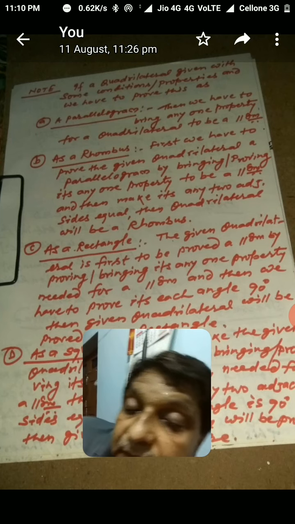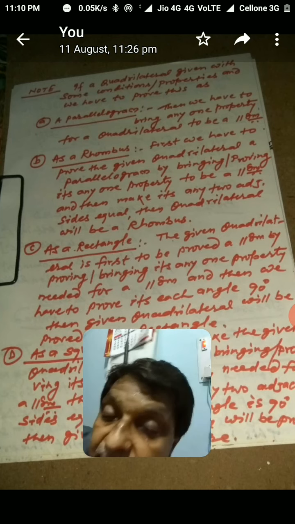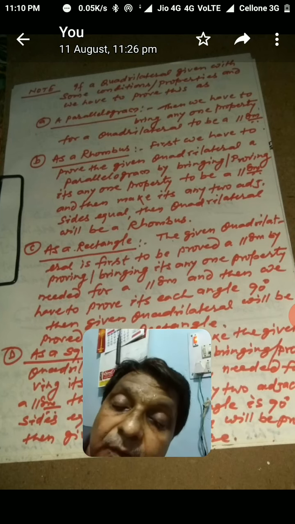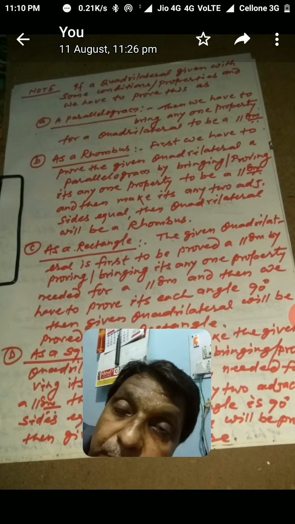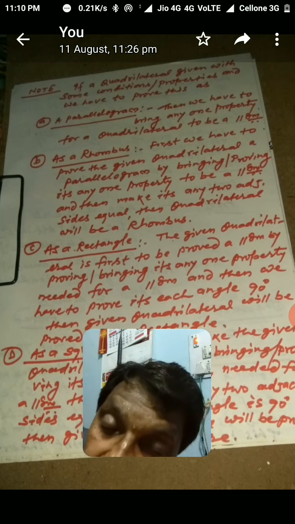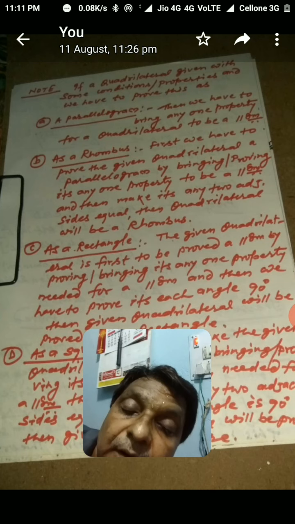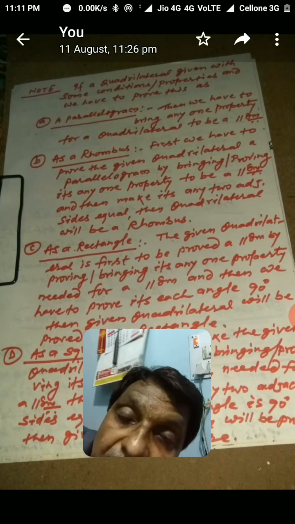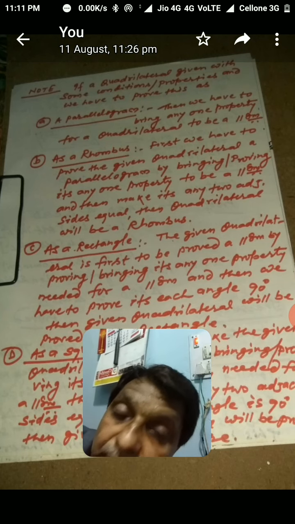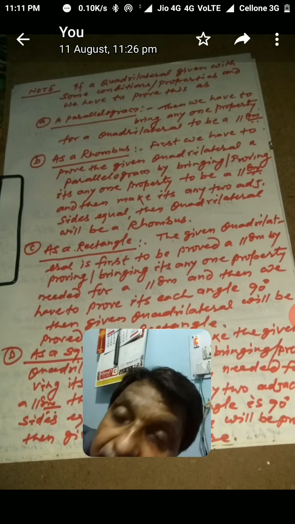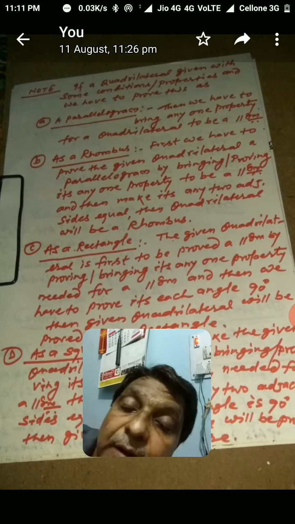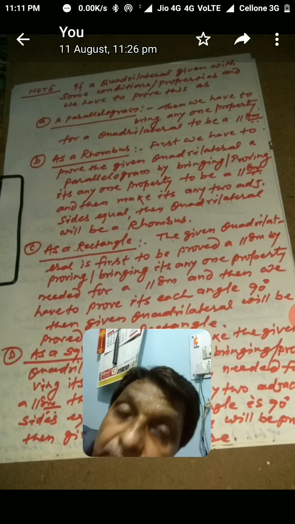Let us try to understand what is the necessary and sufficient condition for a quadrilateral to be a parallelogram. This condition states that it is not necessary to take both pairs of opposite sides, as we have taken earlier in the parallelogram proof, the rhombus proof, and the rectangle proof.